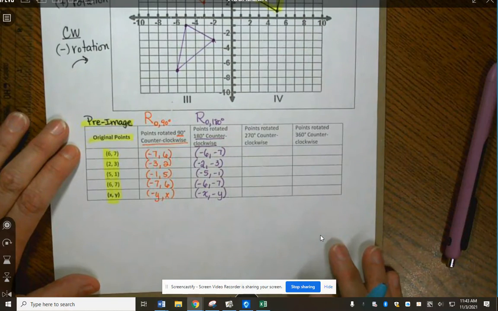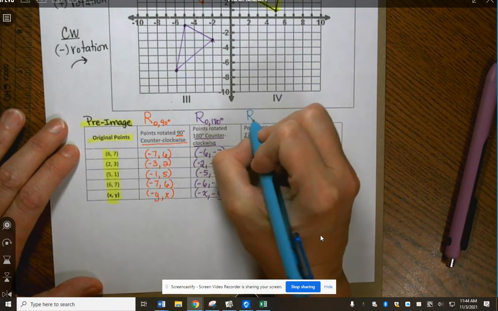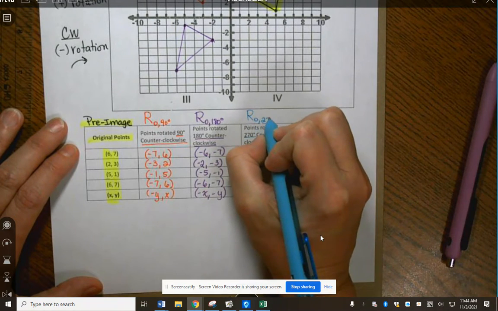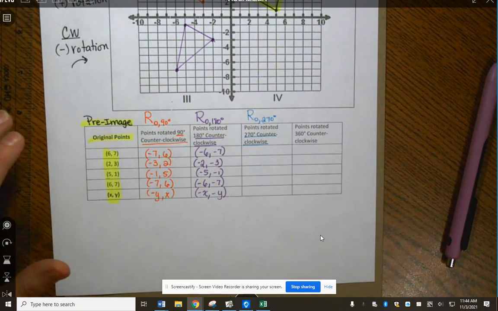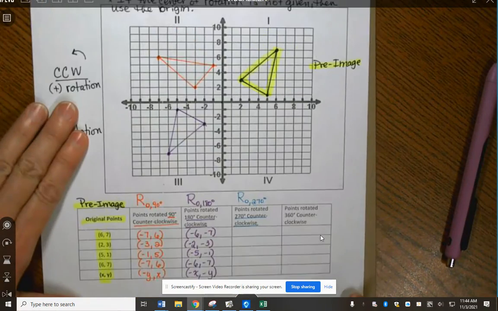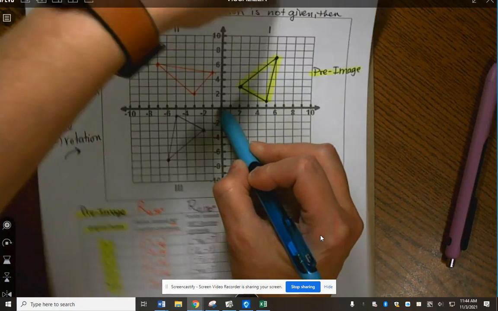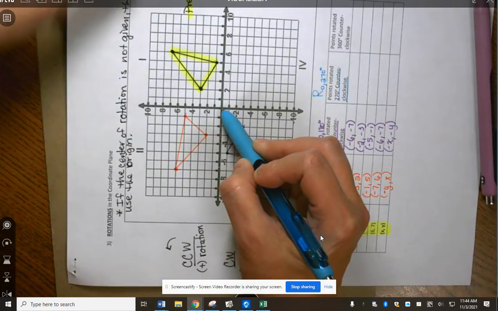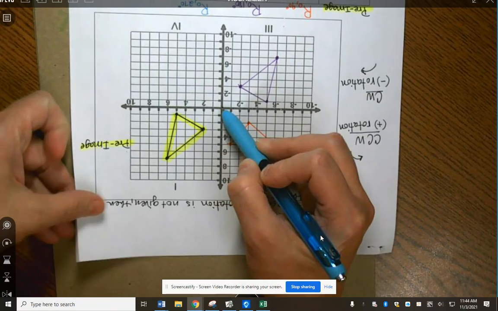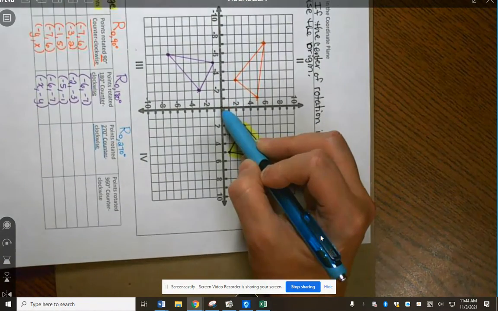Now we're going to rotate 270 degrees counterclockwise around the origin, positive 270. Again, I'm going to put my pen tip at the origin and rotate 90, 180, and another 90, which puts me at 270.